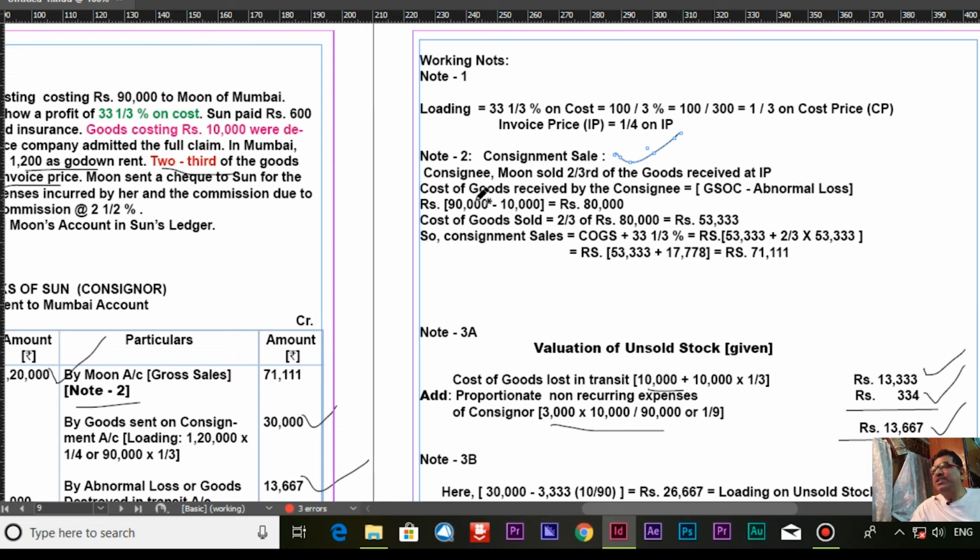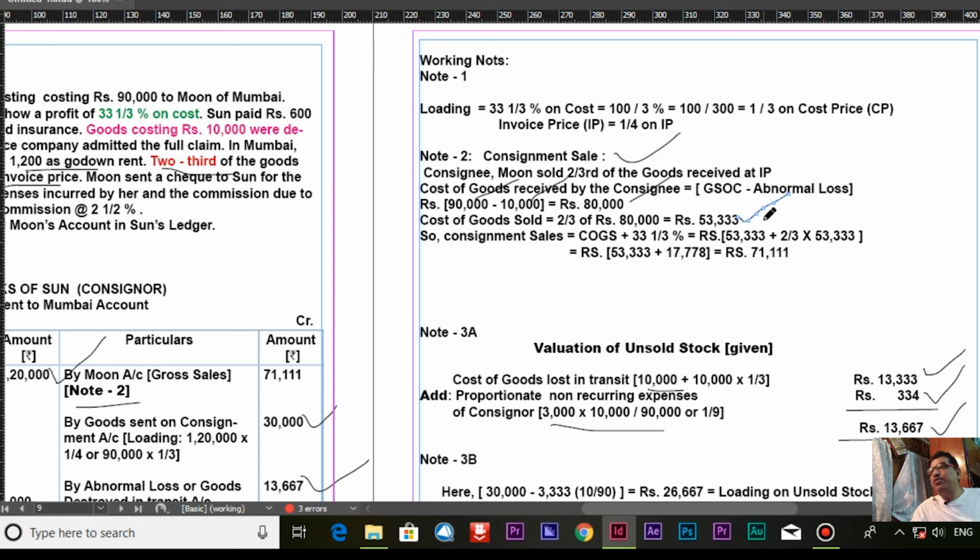Now, how much goods did he receive? 90,000 was sent and 10,000 was lost in transit. Therefore, he received only goods of rupees 80,000. Naturally, cost of goods sold 2/3 is given in the question. Therefore, 2/3 into 80,000, that is 53,333. It was the actual cost of goods sold.